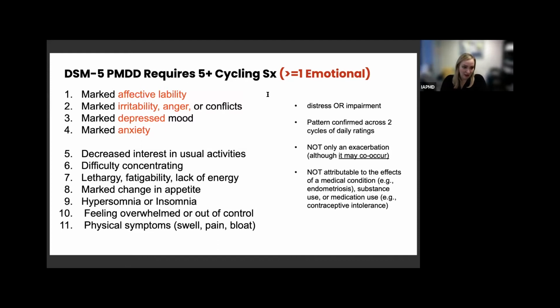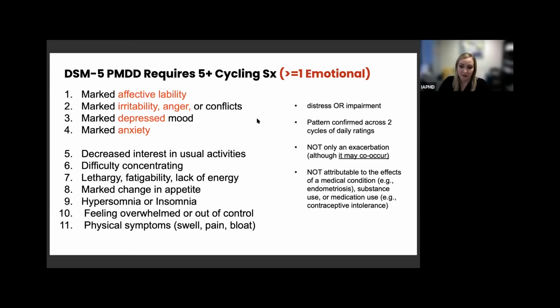When PMDD became a diagnosis, there was concern about pathologizing all females. And so the test for that is really, we don't want to diagnose somebody with mental disorder simply because they're having mild cramps, right? That's not the goal here. The goal is to provide diagnosis and treatment for people who really have distress and impairment related to emotional or psychological symptoms in the premenstrual frame.